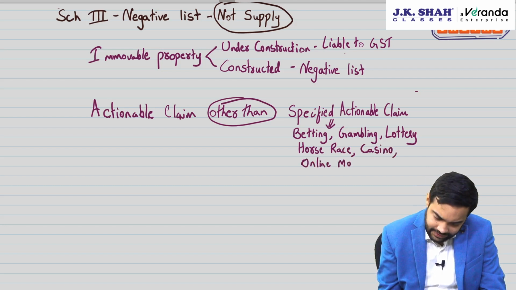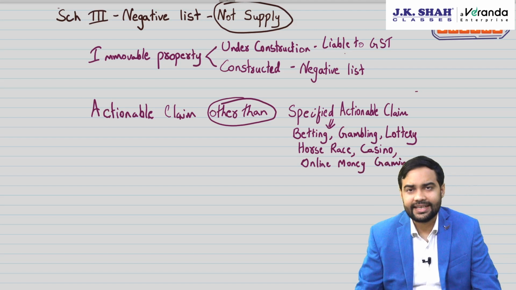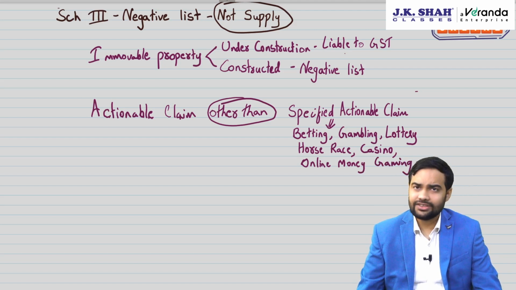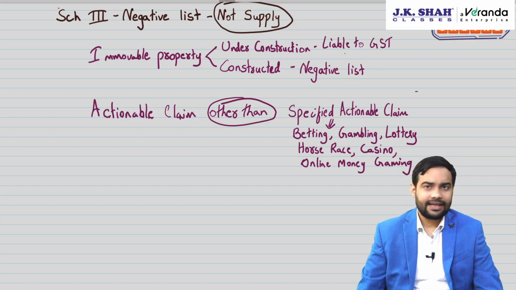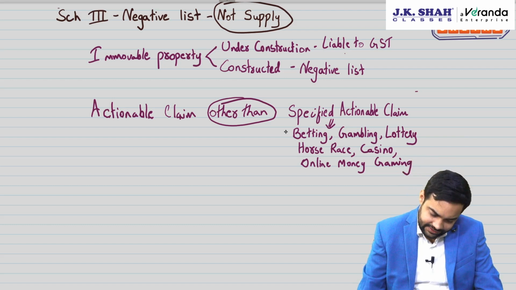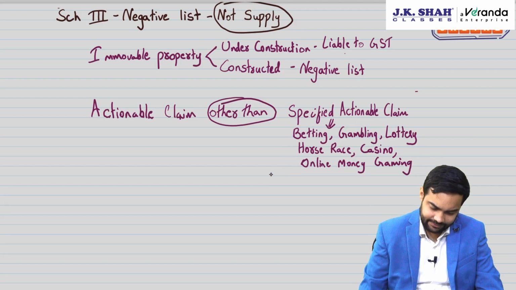Now all these are actionable claims because you deposit money or money's worth and that is being played with, and it depends on a future event, plus it is unsecured debt. So all these are actionable claims, but all these 6 will be liable to GST.